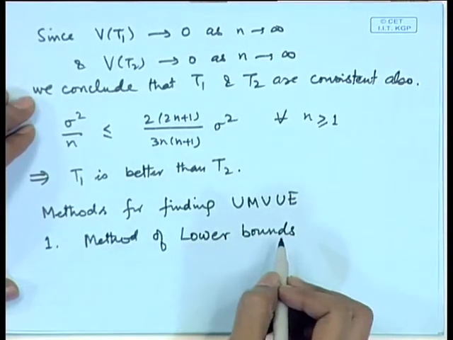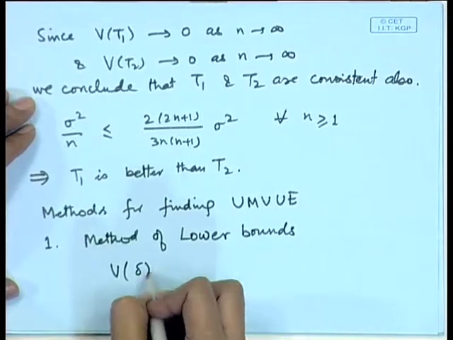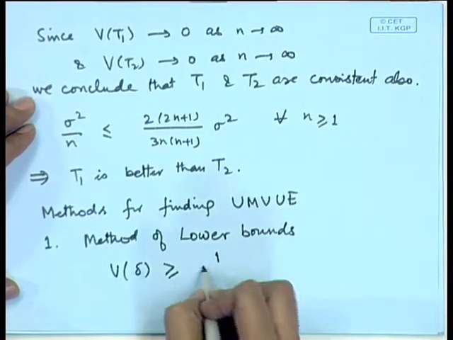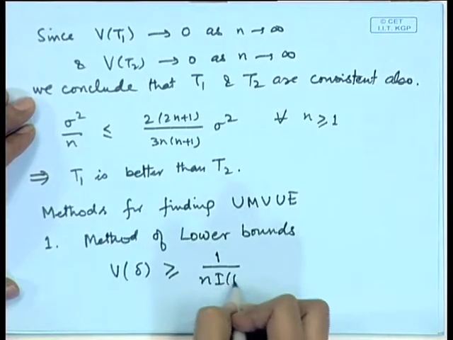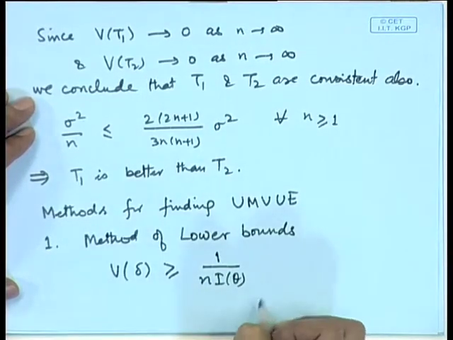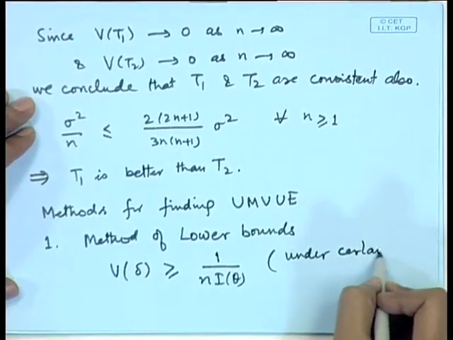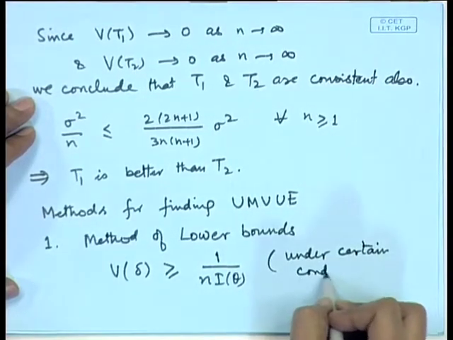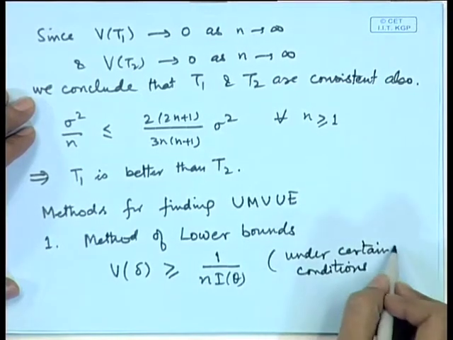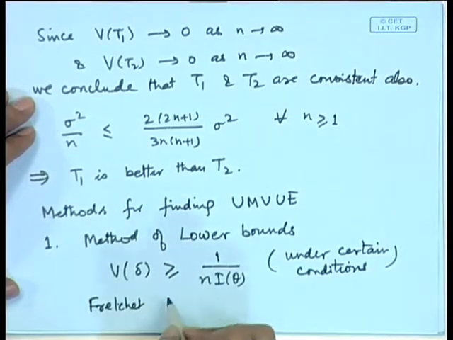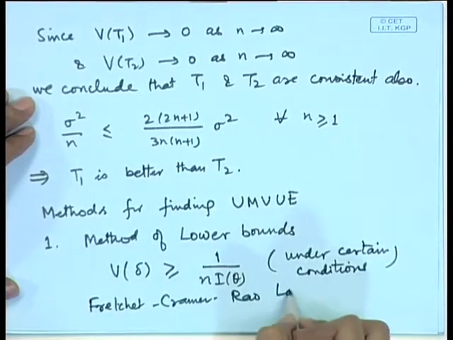Under certain given conditions, the variance of an unbiased estimator is greater than or equal to a prescribed number, which is 1 by n times I(theta). This is under certain conditions. This is called the Frechet-Cramer-Rao lower bound.